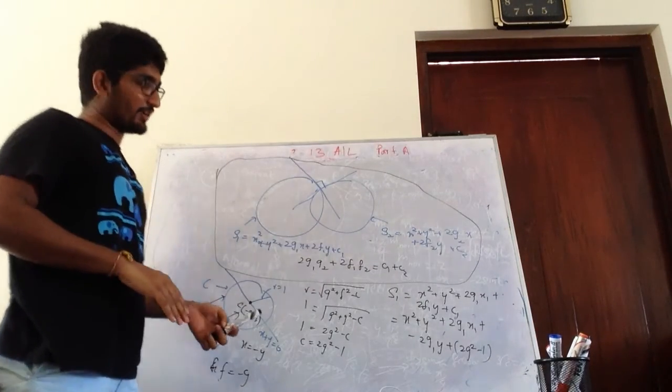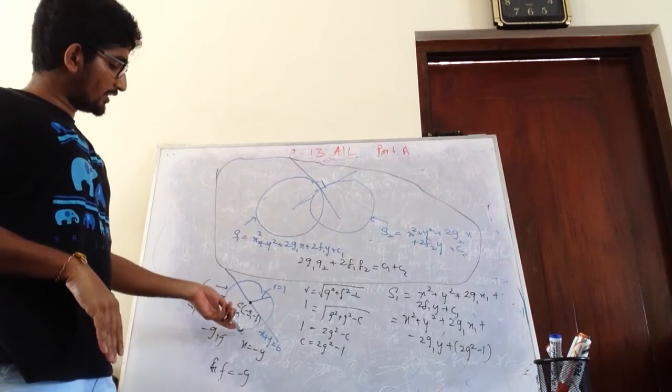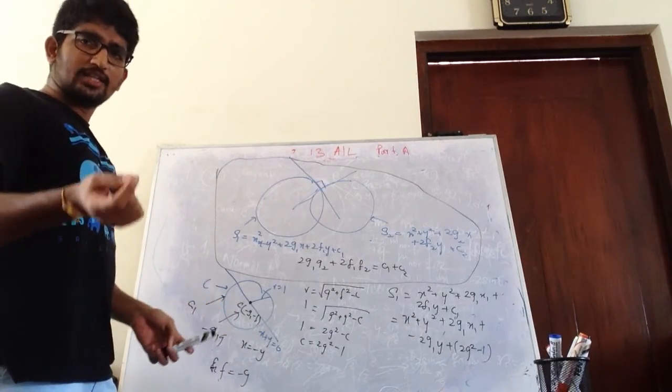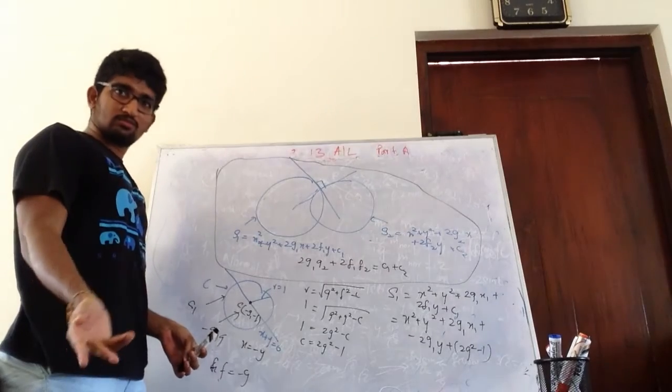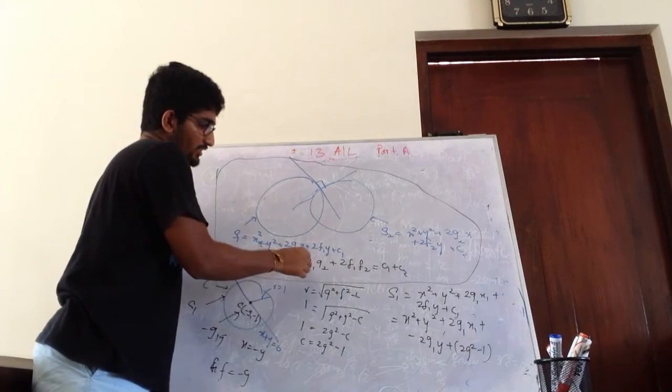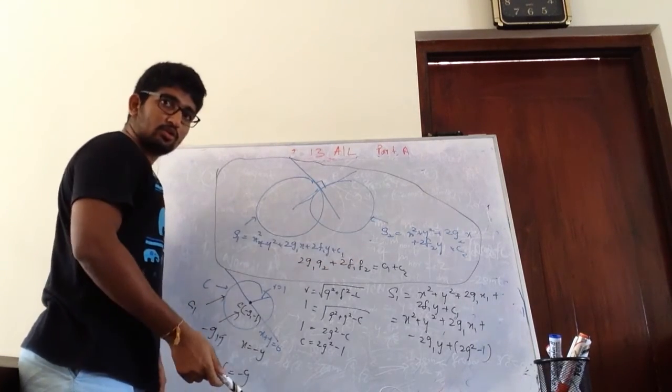So this is one way of deriving the equation of this. Do we actually need the equation? No, we just need to find what is g1, f1 and so on.